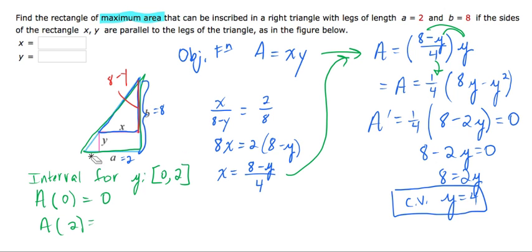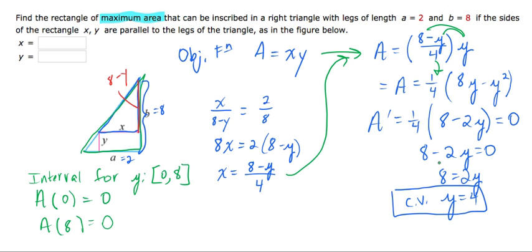Let's think about this again. The smallest y could be is 0, which is if x is down here. The largest y could be is not 2. It's actually this leg length, which is 8, which is what it would be if x was 0, as if this pink leg came all the way up. If y is 8, then x is 0, so the area would be 0.